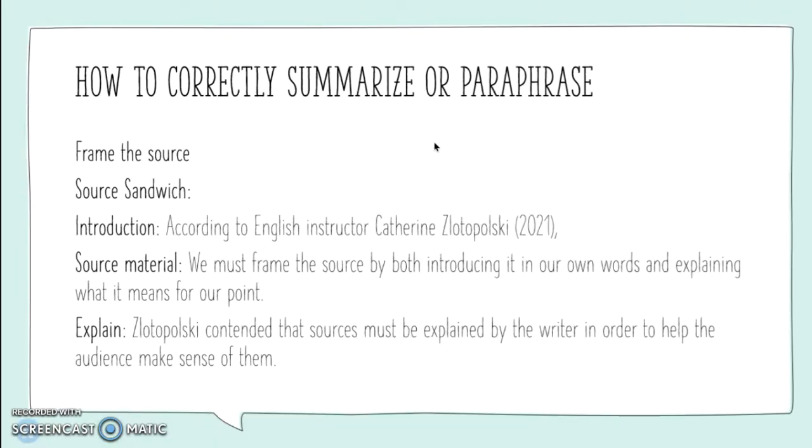So I give an example here. Zalata-Polsky contended that sources must be explained by the writer in order to help the audience make sense of them. So each time you would introduce your quote or paraphrase or summary, then you would put the source there right after that. Then you would explain how it fit into your paper or how it supports your thesis statement, why it's there. You've got to guide the reader through your essay.